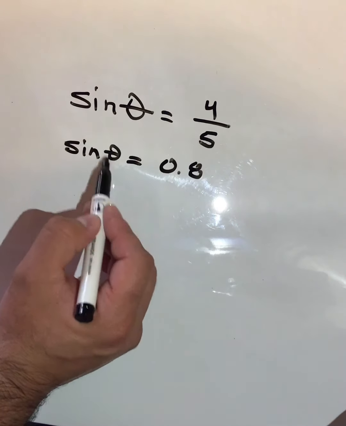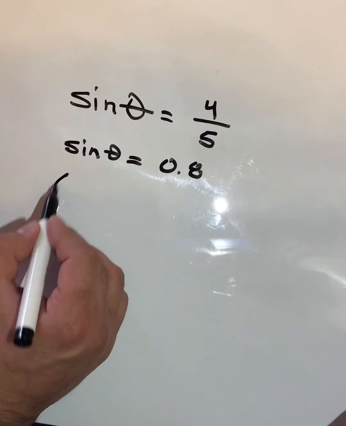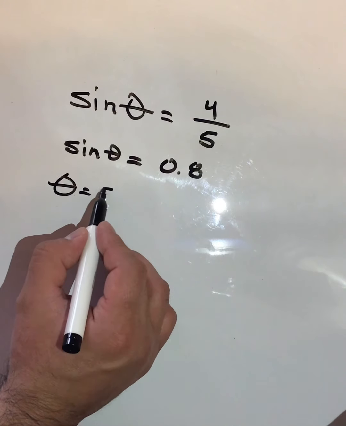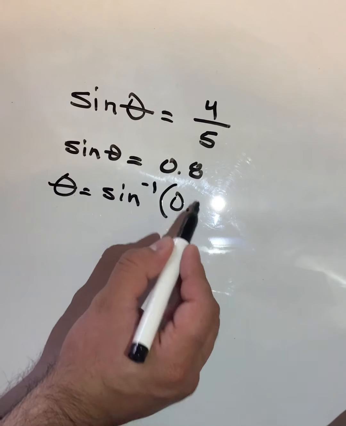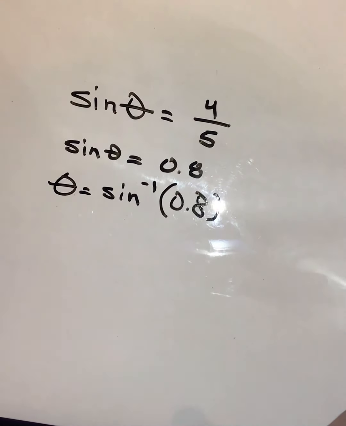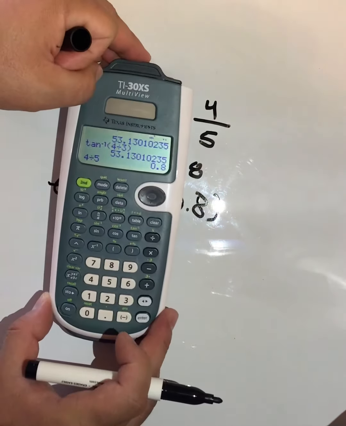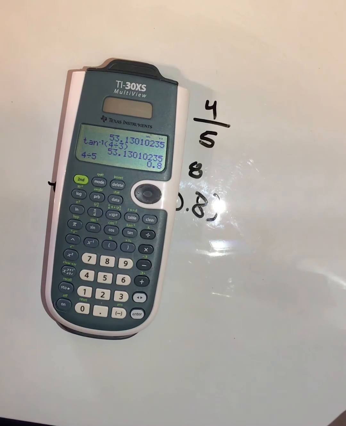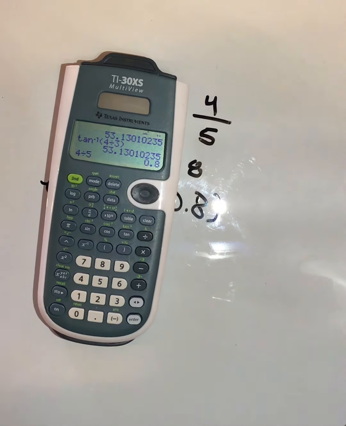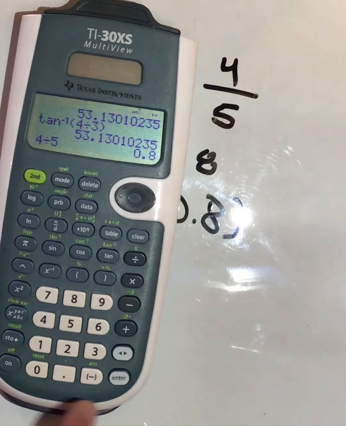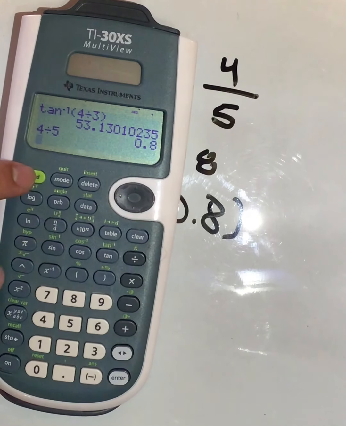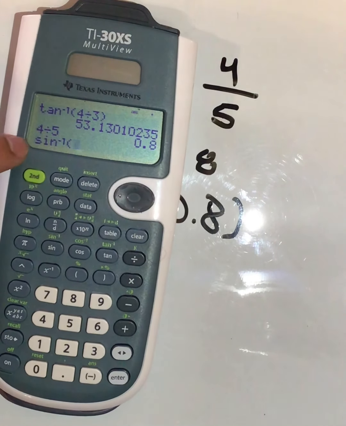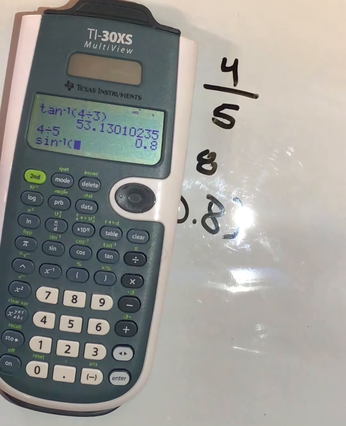Now, for me to find the measurement of that angle, I'm going to do the inverse sine of 0.8. Now, how do you do that on your calculator? I'm using this calculator right quick. I'm going to zoom in. You know this is sine right there, right? I'm going to clear that. I'm going to do the second sine. See that right there? On some calculators, you might have to push twice on that, and on some you have to find that kind of sign.